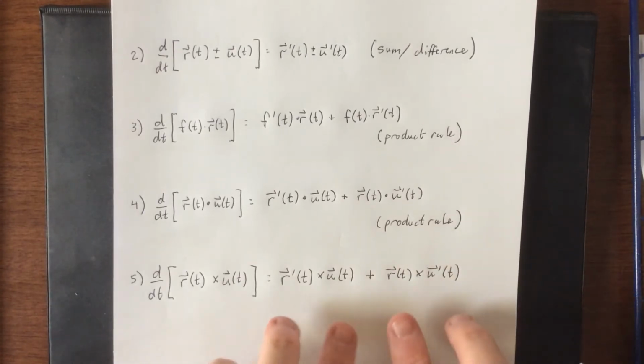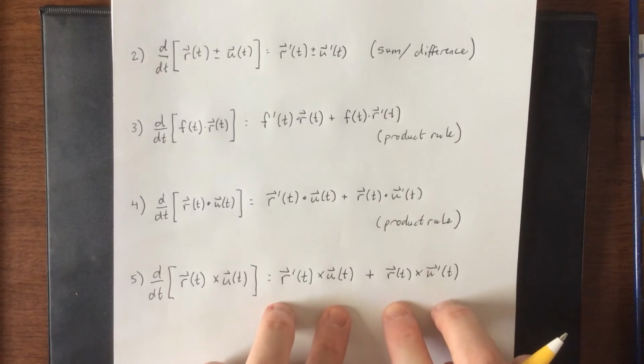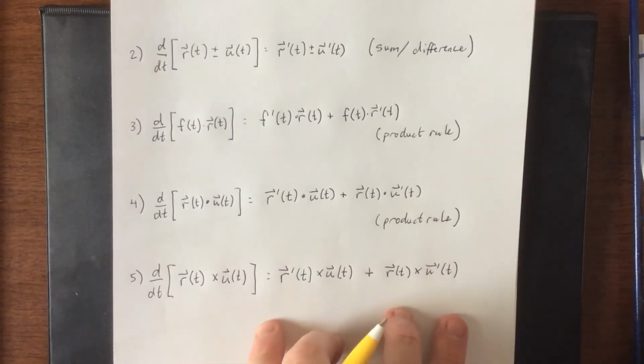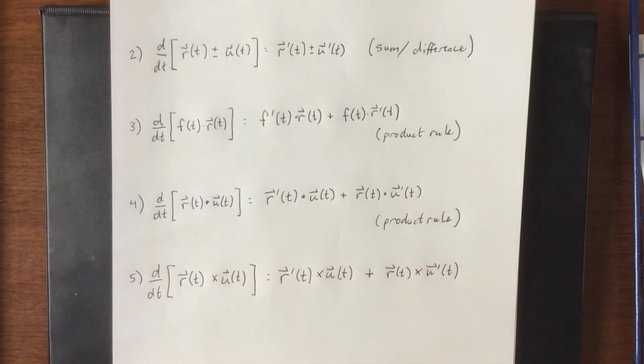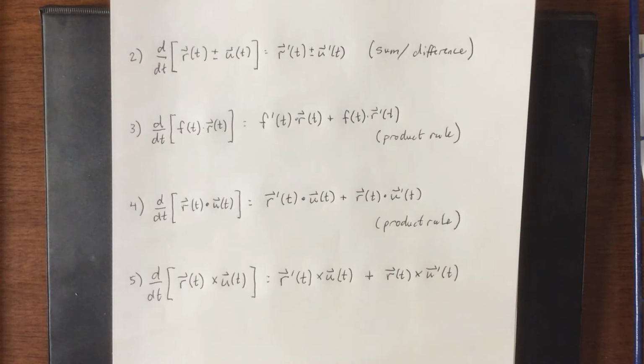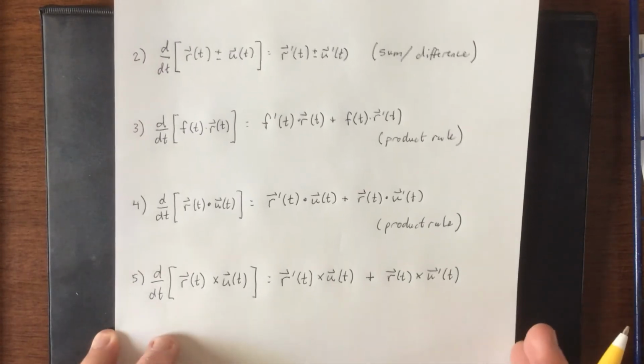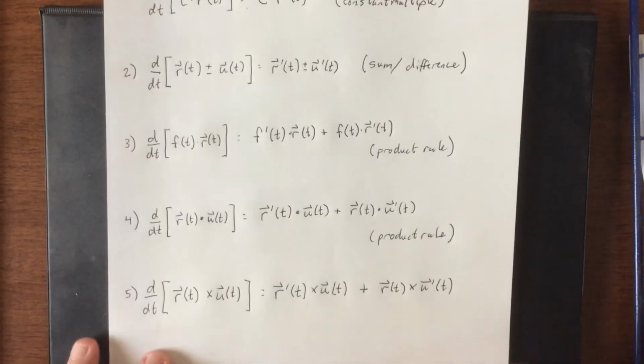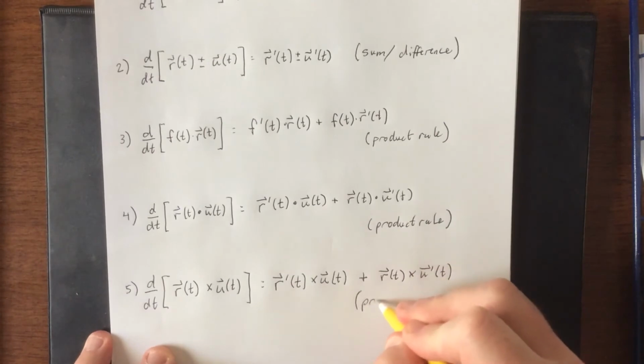Now, the order in which you write these two quantities doesn't particularly matter. You could reverse these, and that would be okay, but you cannot reverse the order of the actual cross product. If it's R cross U, it's got to be R cross U in both of your derivatives. That's the first 5 properties. This is another form of the product rule.